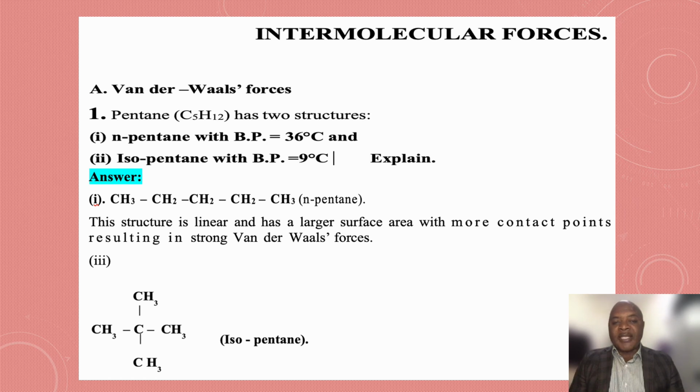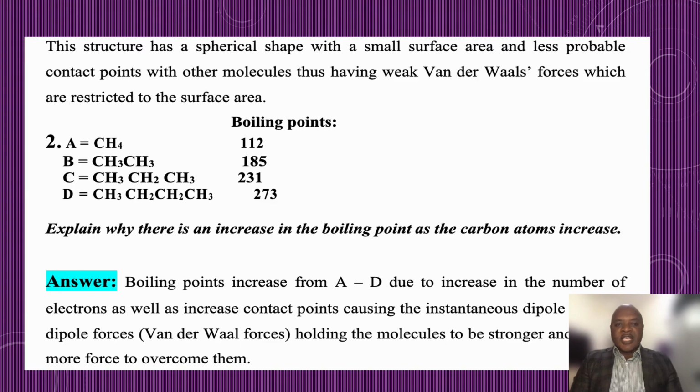The isopentane, which you can name following the IUPAC system of nomenclature as 2,2-dimethyl propane, has a spherical shape with a small surface area and less contact points.